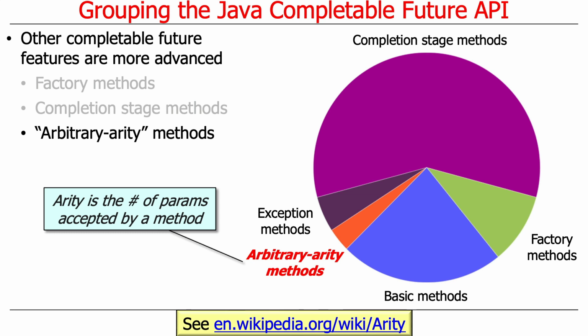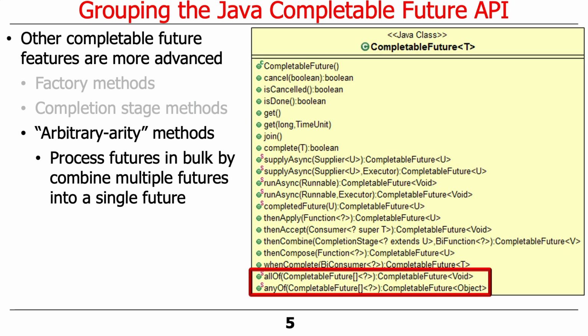could be very large. So there's two methods that do this, and these methods process completable futures in bulk by creating a single completable future that does something when the other futures complete. And the two methods that matter here are allOf, and as the name suggests, this returns a completable future that triggers when all of the parameters complete.